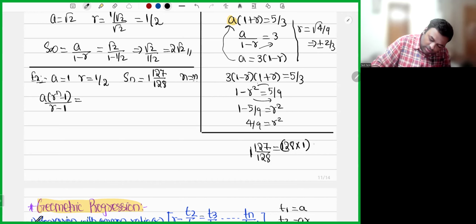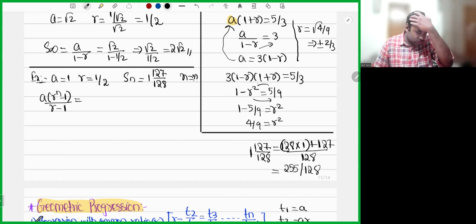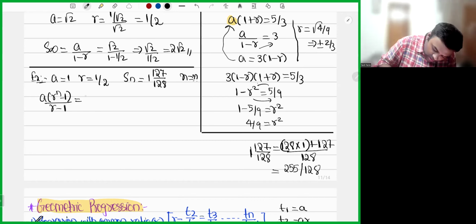Then I'll add 127 to this, divided by 128. 128 plus 127, 255 whole divided by 128.